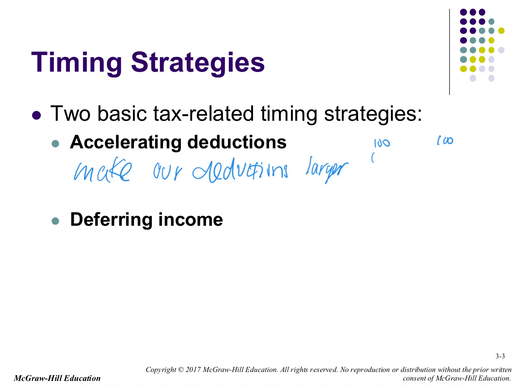If we had $50 of deductions versus $60 of deductions, we would want to have $60 in deductions, so that way we're only paying tax on $40 instead of $50.